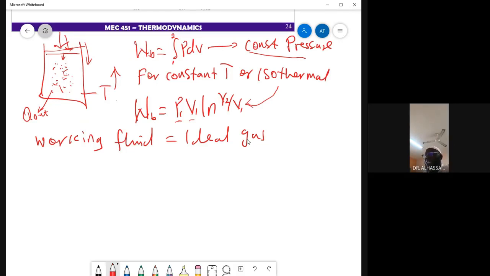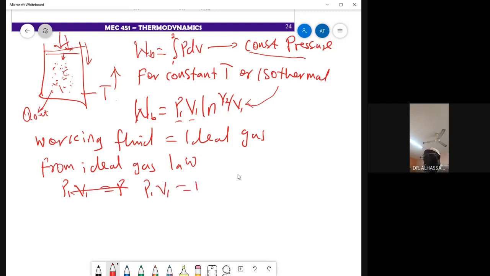So because of the fact that from the ideal gas law, we know that P1 V1 equals to m R T1. Similarly, P2 V2 equals to m R T2.